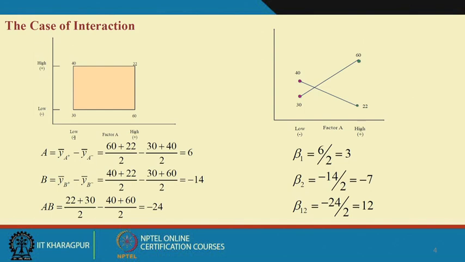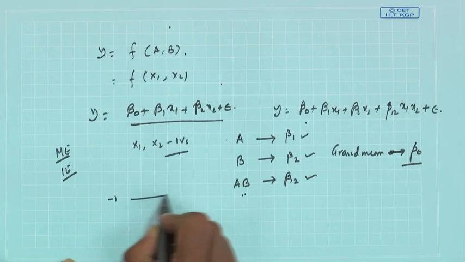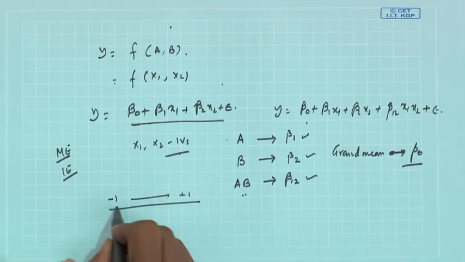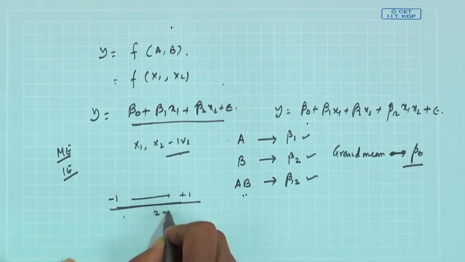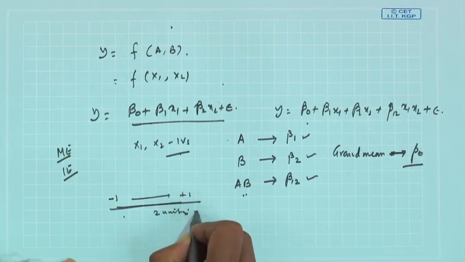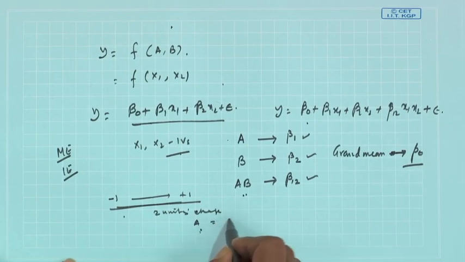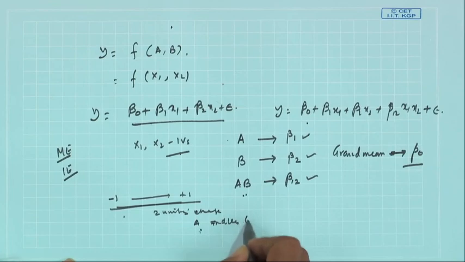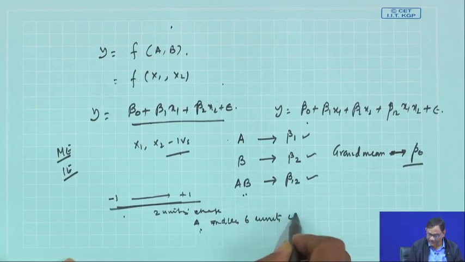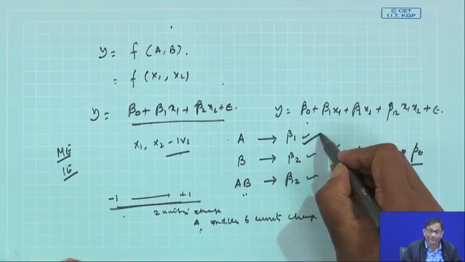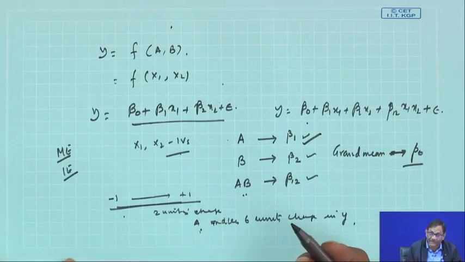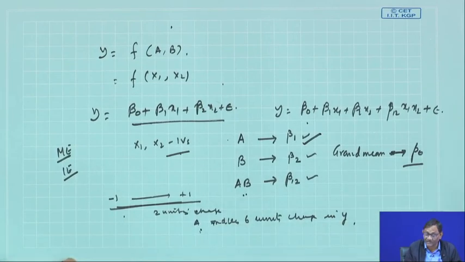When you are changing from minus to plus, so minus 1 to plus 1, you are making the change, that means 2 units change in A. 2 units change in A is represented by the effect; change in A makes 6 units change in Y. But when we compute regression coefficient, that is 1 unit change in x1, what is the change in Y?